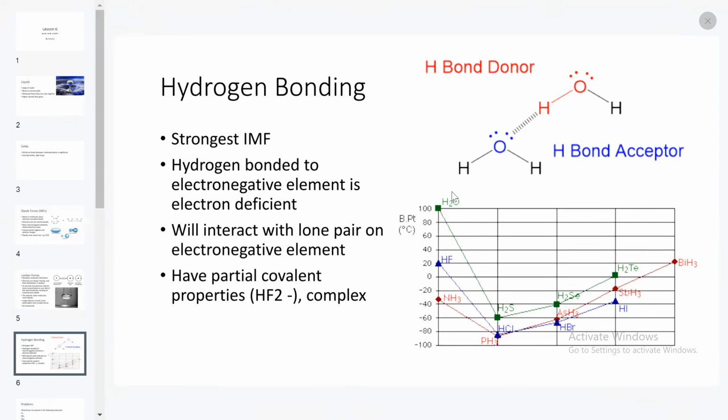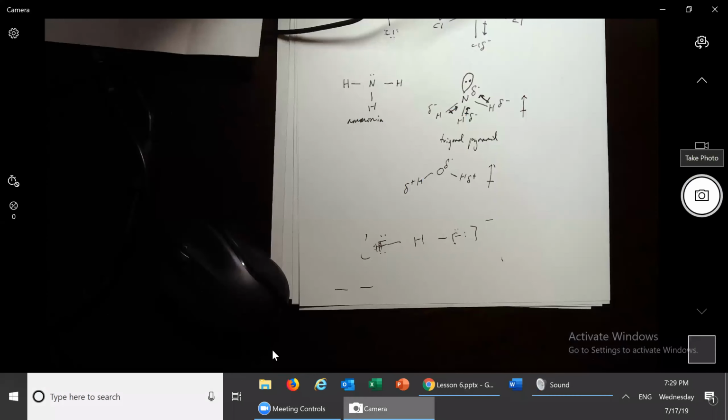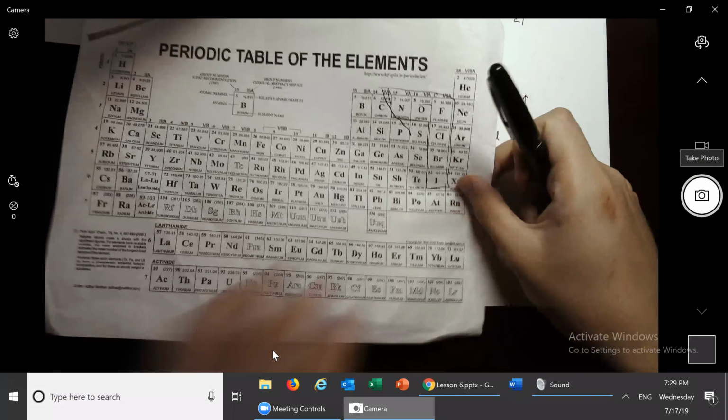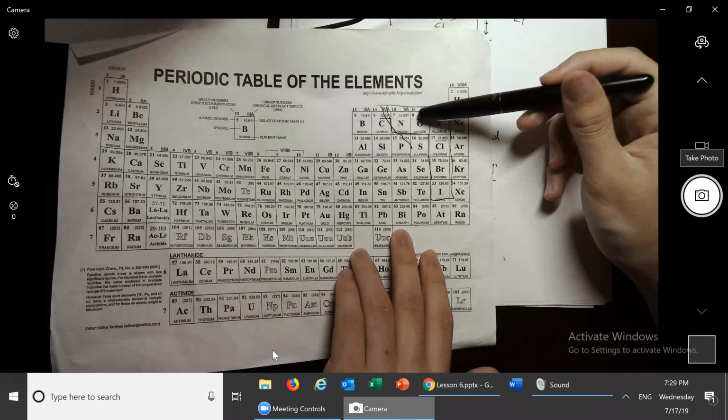So you have what are called homologous series. Homologous, if you're wondering. So as you can see, we keep the hydrogens all the same, but we change the identity of the central atom. So oxygen, sulfur, selenium, tellurium. And I want you to notice that these are all in the same column of the periodic table.